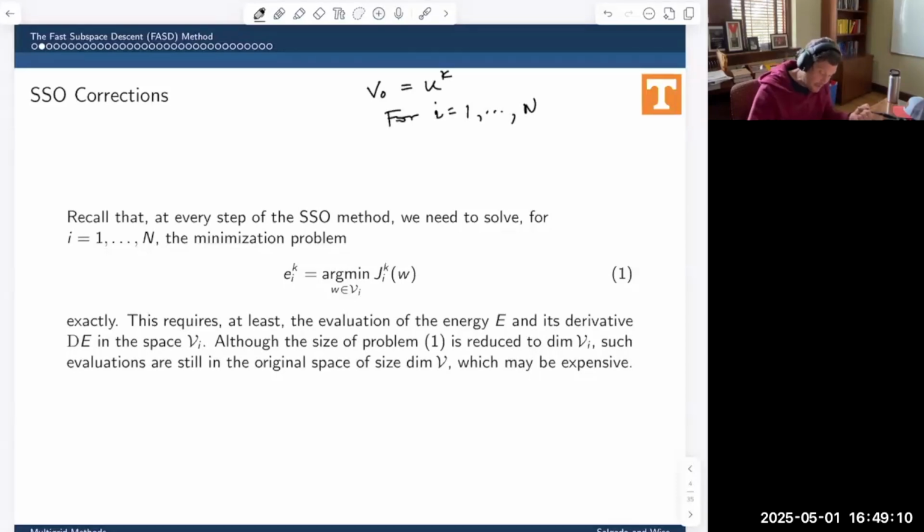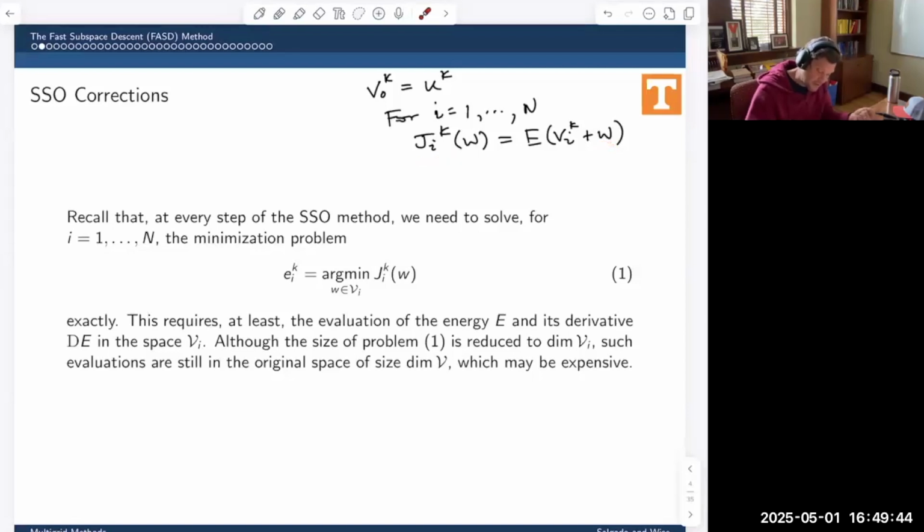So we formulated this thing called the J section, J_i^K of W. That was equal to the original energy at the previous step, so that would be V_i^K, and then we're going to add W on. And then what we do is we minimize this energy section over this subspace.